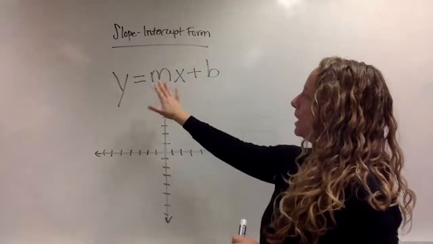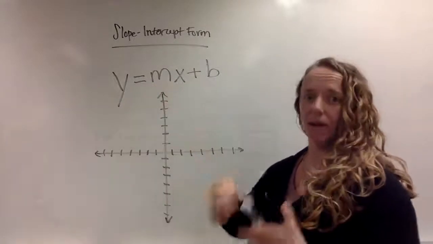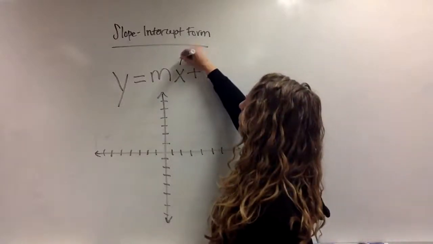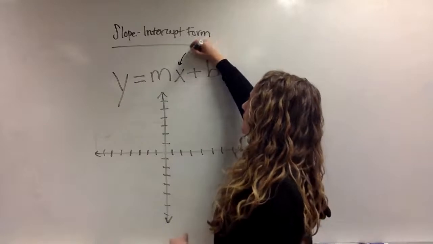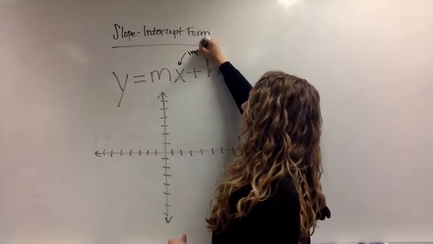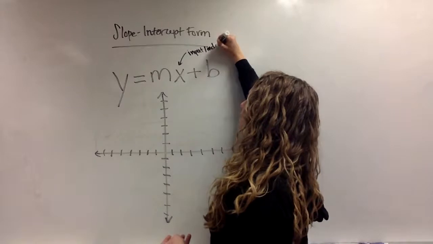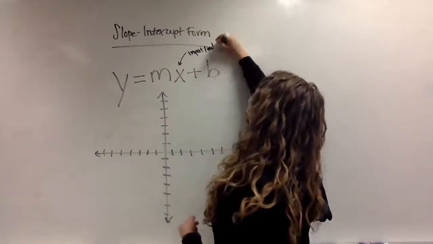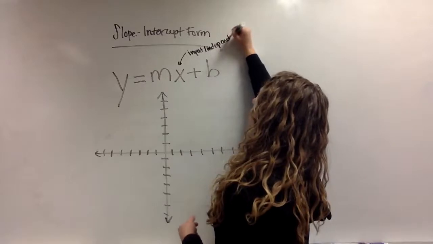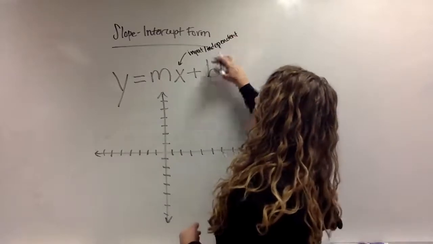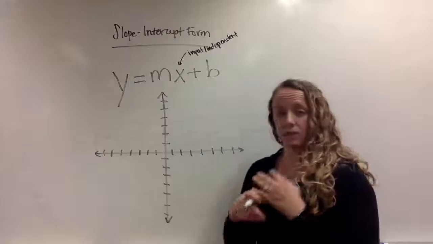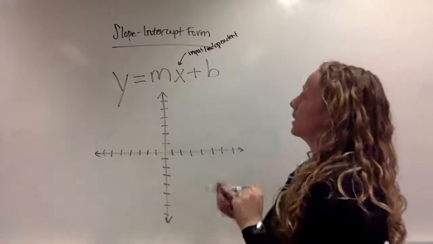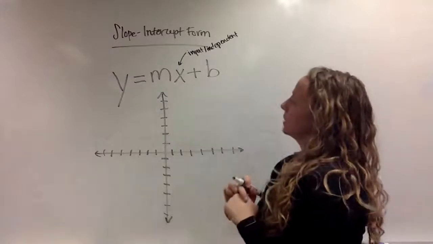Slope-intercept form, y equals mx plus b. That's its format. Now, what do each of these things mean? We know our x is always our input, our independent variable. We've talked about this over and over in functions, and quite a bit in terms of slope, but x is always going to be our input.